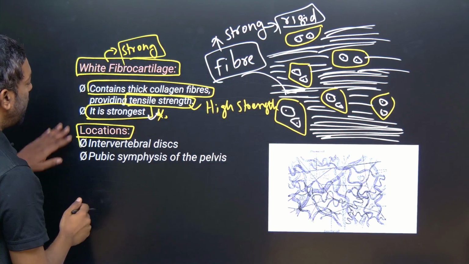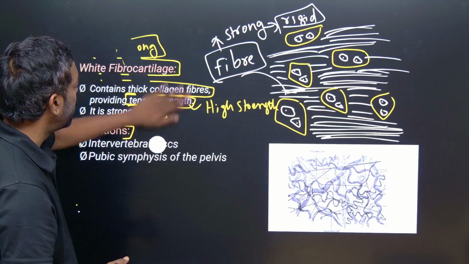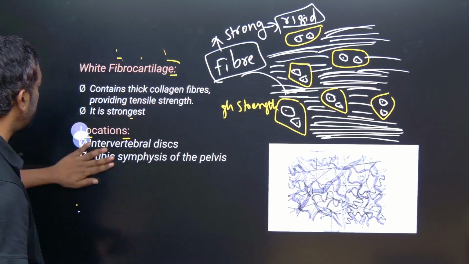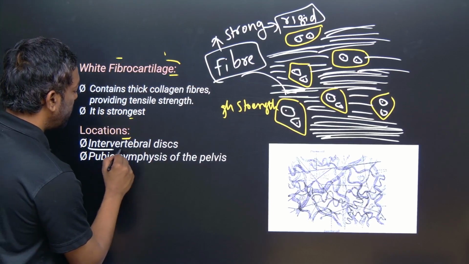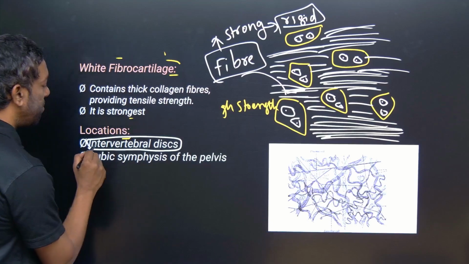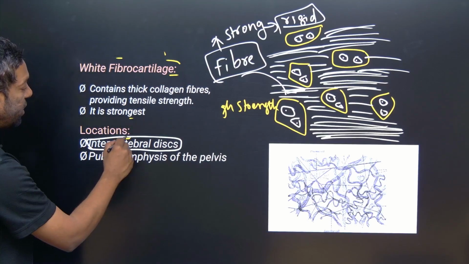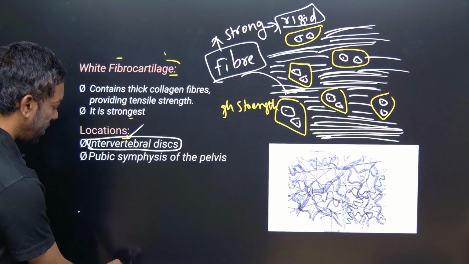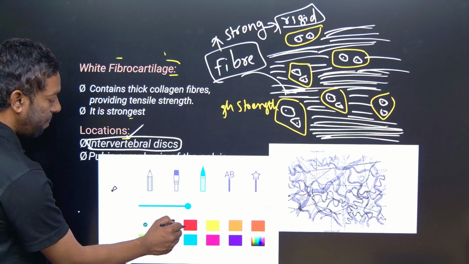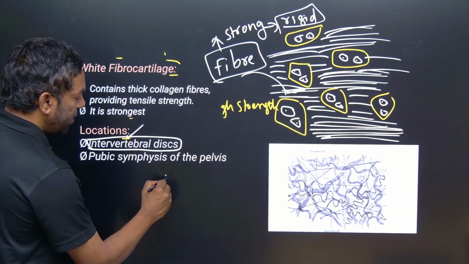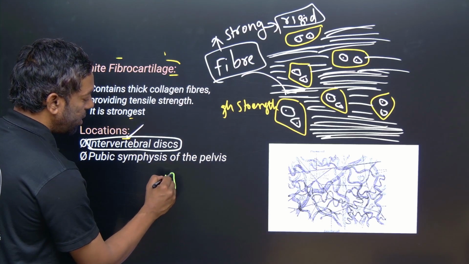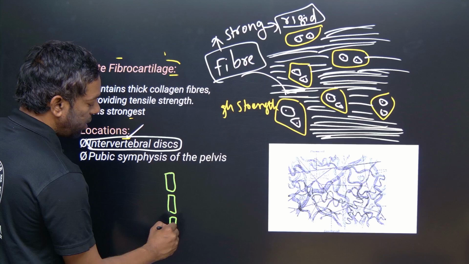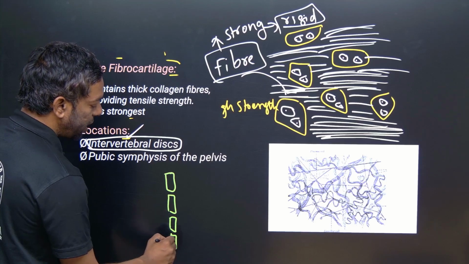Okay, location, where is it located? Most important, guys, they might ask you, most of the questions they do ask you: white fibrous cartilage is in the vertebral disc. Just look at this. What is the vertebrae? The vertebral disc. The vertebrae support the spinal cord.